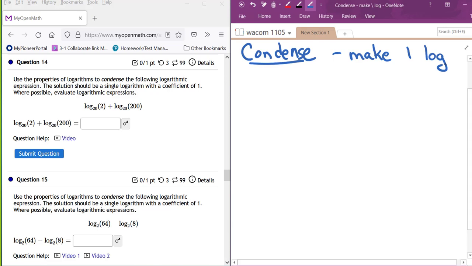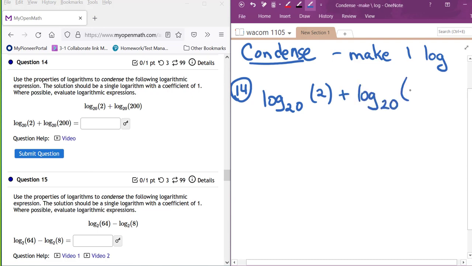And so we'll go ahead and do 14. So what we have is a sum of logs. Log base 20. And so sum of logs comes from log of a product. So that's what we're going back to. So you write log one time with that same base.